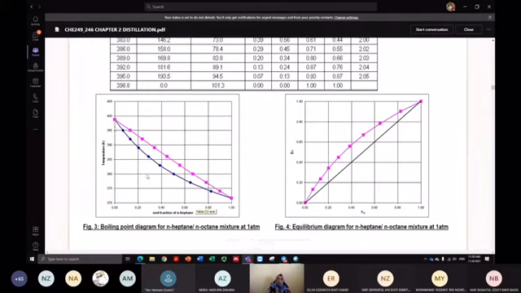Then you calculate the equilibrium diagram. This is just one exercise that you need to do to plot the boiling point diagram. Later in future you just need to draw the equilibrium diagram only.